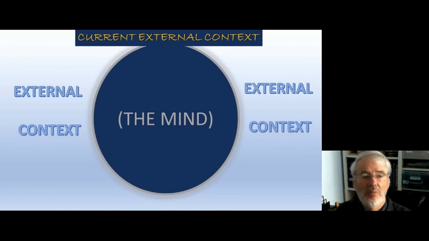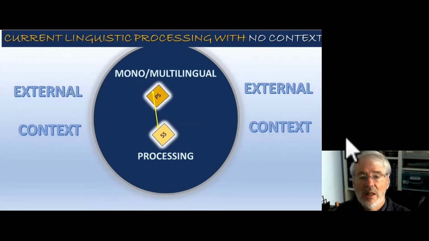And here are the two, in my case, two systems which are devoted to processing linguistic structure. Right? Some linguists would say, well, there's only one, doesn't matter which way you go. But one thing is important: these two systems will process any language.